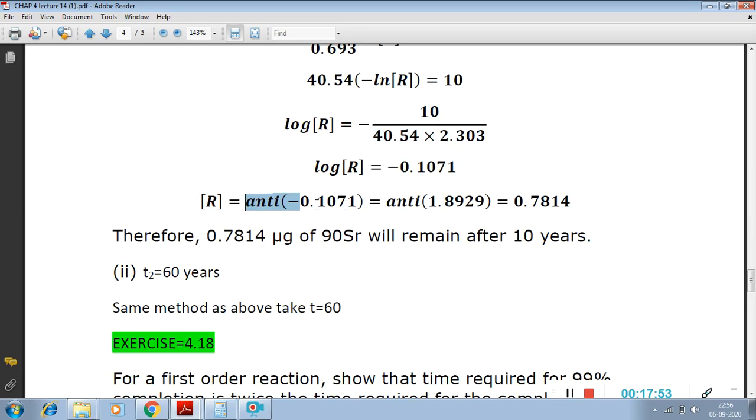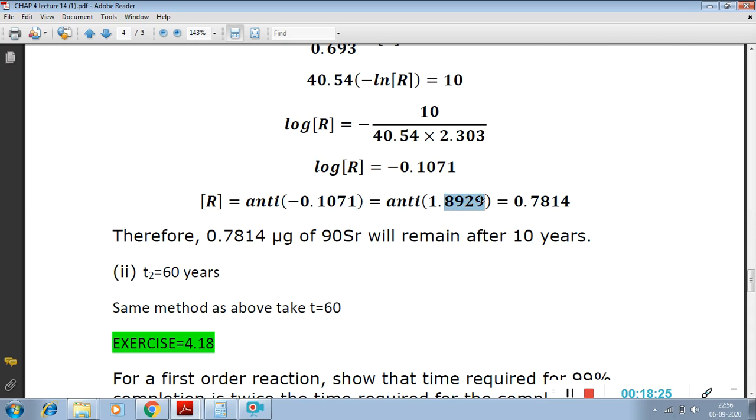Now the antilog of a minus value is not possible to find directly, so take bar here. Just add 1 in the characteristic, so it will be bar 1, and if you subtract this value from 1, it will be 0.8929. So you have to find the antilog of this value.